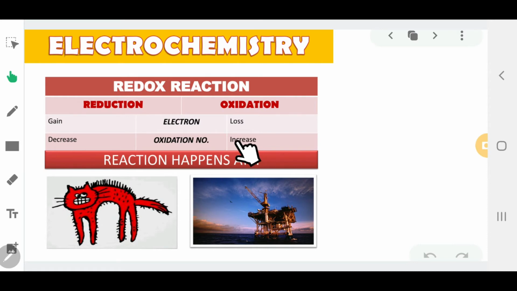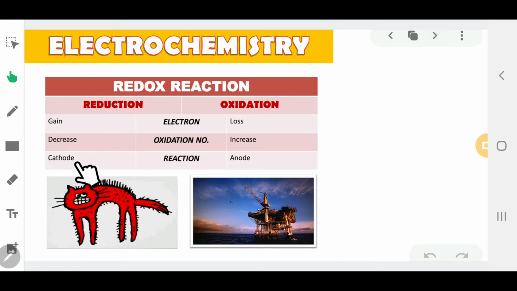So where will the reduction and oxidation going to be taking place in your galvanic cell? So the reduction process will be taking place at the cathode of your galvanic cell, whereas the oxidation process will be taking place at the anode's half cell.